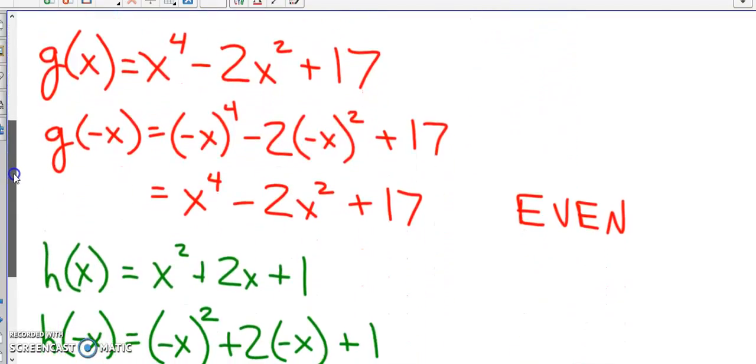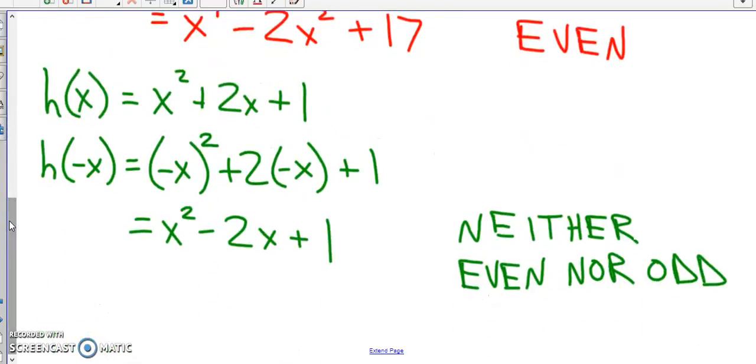If you look at the one that's even, the powers are all even, because even though this is a 17 here, this is almost like 17x to the 0, because x to the 0 would be 1. And so that is technically an even power there. So if all the powers are even, then your function's even. But you notice here there's a mixture of even and odd powers. There's a squared, there's a 1. So that's why that one's neither even nor odd.